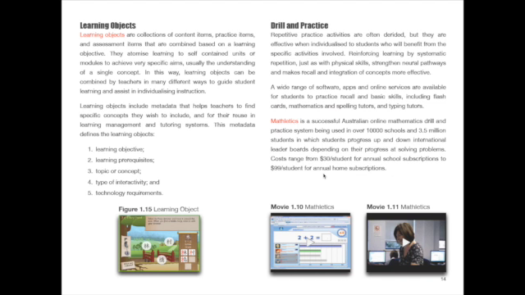So a learning object can have a range of different properties. Normally they'll have a learning objective, what the learning object is meant to achieve. Sometimes they'll have learning prerequisites, what the students should already know or be able to do before they use the learning object. There'll be some sort of topic or concept that they're intending to develop in students, and some type of interactivity.